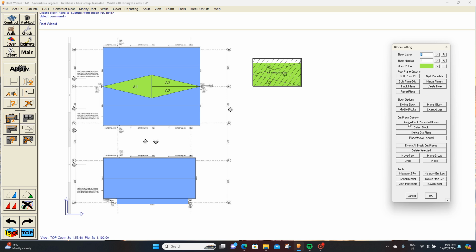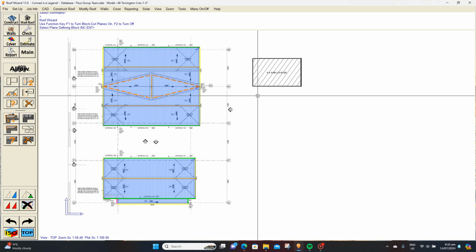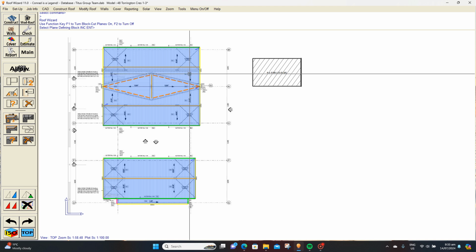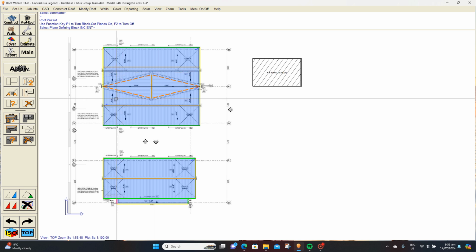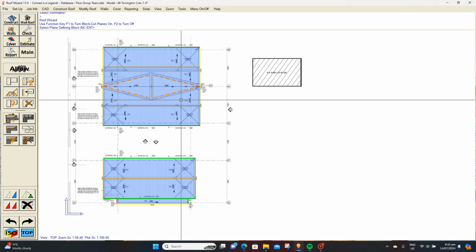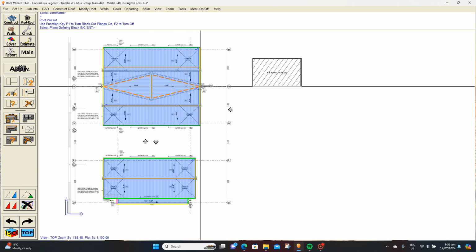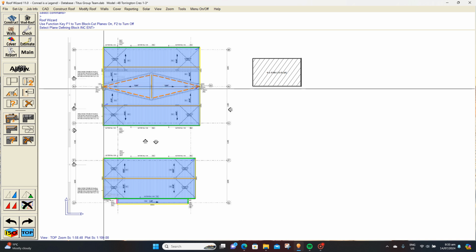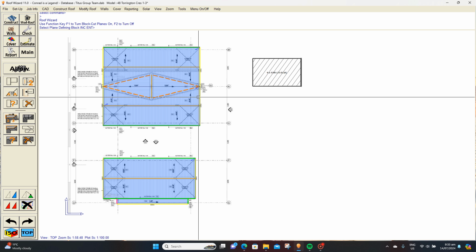Alright, so these parts here that are coming down into the valleys, this is where I've had a lot of wastage in the past. I've always just ordered them as though we had one long gutter in the middle here, just ordered straight sheets along each ridge line.